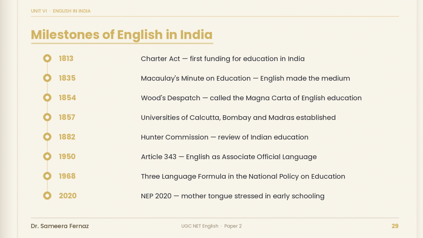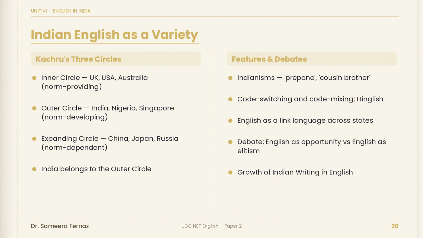In 1882 came the Hunter Commission. In 1950, Article 343 made English an associate official language. In 1968, the three-language formula was adopted, and in 2020, the National Education Policy stressed the mother tongue in early schooling. Indian English is now studied as a variety in its own right.